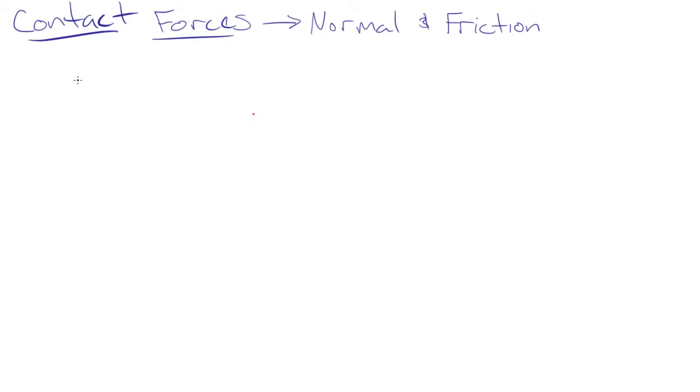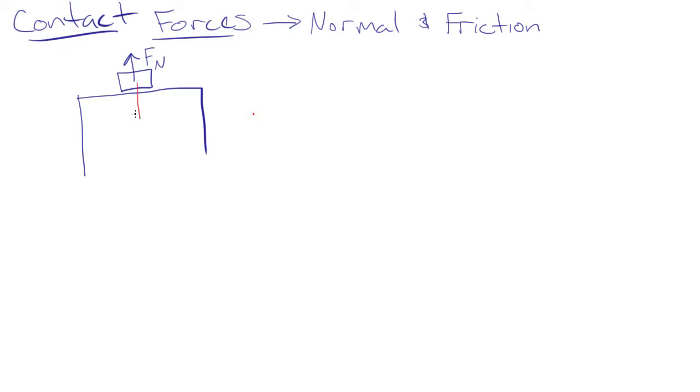We did talk about the normal force yesterday. It's the force that acts between the interface of two surfaces. So if you have a table and you throw a book on it, the book has a normal force that is due to the table.